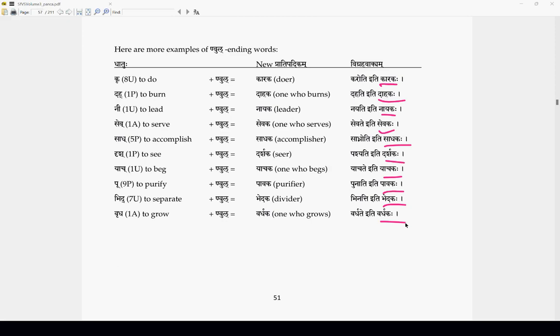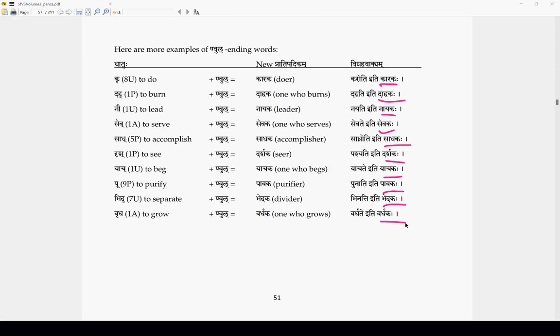So these are also Kridanta words. What is karaka means? Karoti iti karaka. It is given there. Vigraha vakya means the explanatory sentence explaining that word, Kridanta word, karaka, karoti iti.